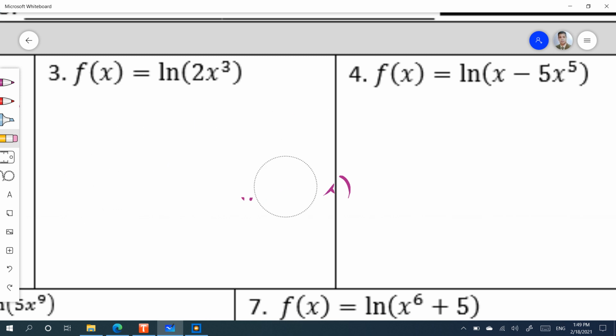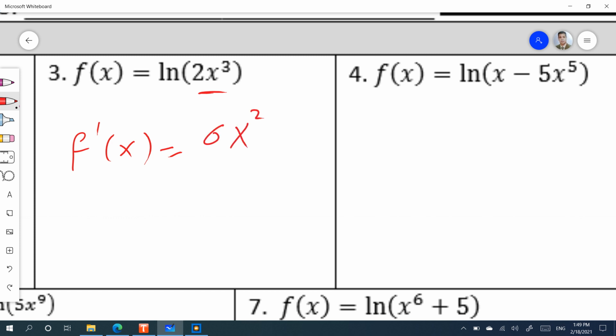Therefore we will solve this function. The derivative of f of x equals the derivative of the function first, at the numerator, which is 6x to the power 2, divided by ln e times the function 2x to the power 3, and this, as we said before, is 1.